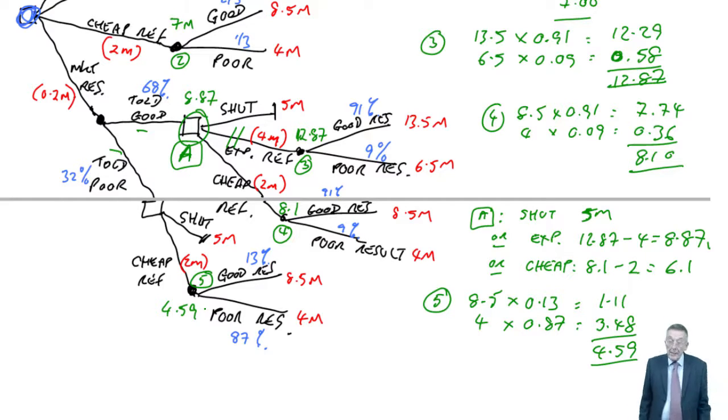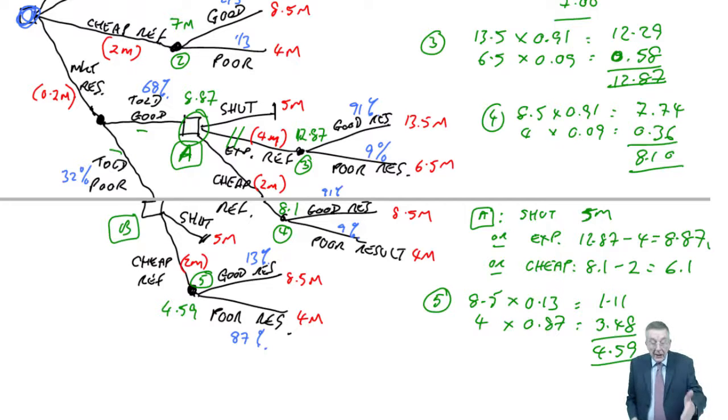What decision would I make at point B, where it's our choice? I hardly need to write it down. We either shut and get 5 million, or we do a cheap refurbishment.